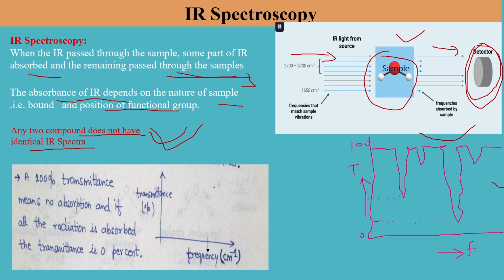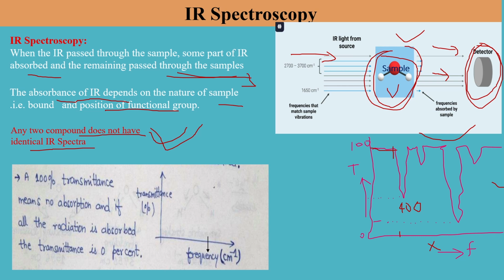Suppose the sample does not absorb any frequencies, so 100% is transmitted. The y-axis is the percentage of transmittance and the x-axis is the frequency. Up to this level it stays flat, and then suddenly the transmittance falls down, because at this frequency, suppose this is 400 nanometer, this frequency is absorbed by the sample.